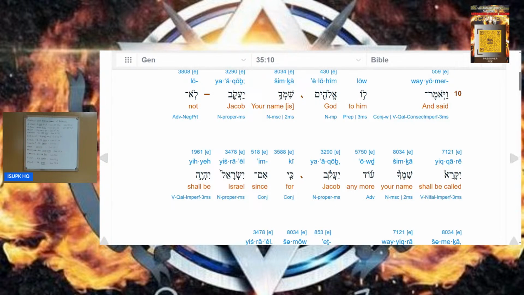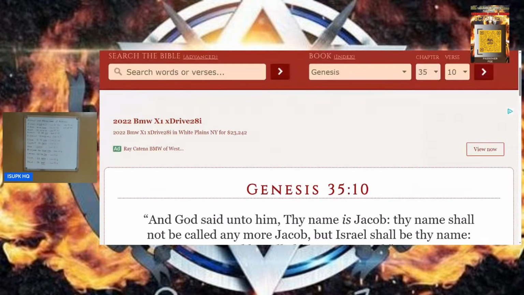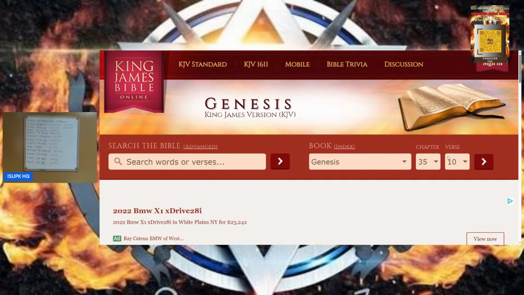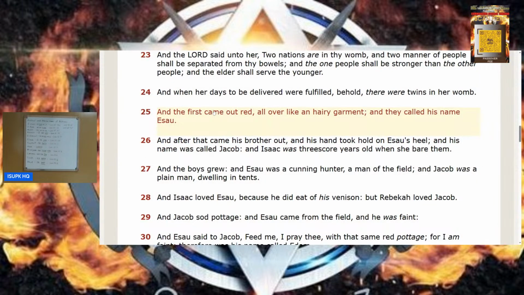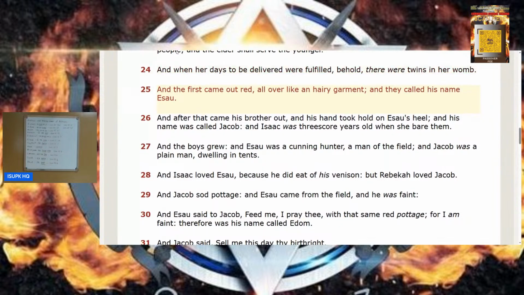Next, we're going to go to, let's look at Genesis 25, verse 25. And here, the first came out red, all over like a hairy garment, and they called his name Esau.